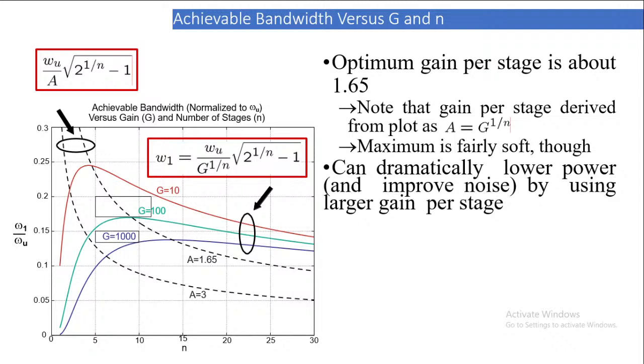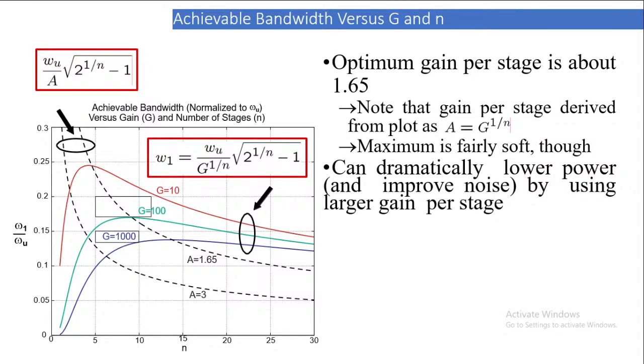This figure shows you what we discussed. The whole thing is shown here. The achievable bandwidth normalized to omega u versus gain and the number of stages. So for different A, you can see A is equal to 3, A is equal to 1.65.